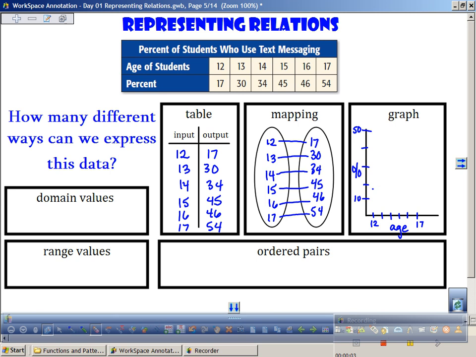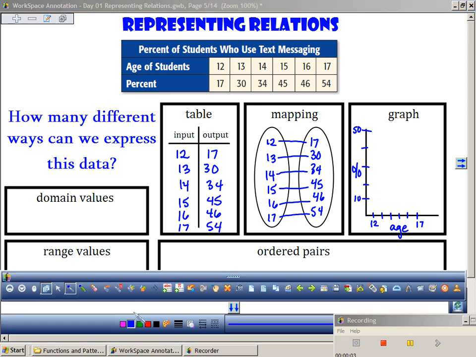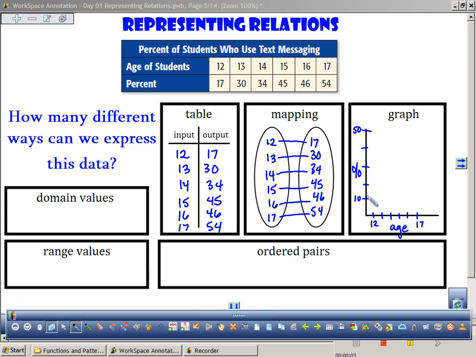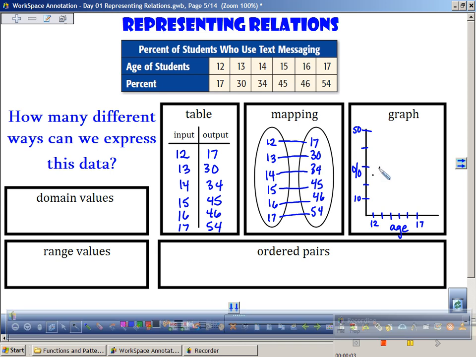I'm going to do a different color. And 13 would be 30, so that'd be 10, 20, 30, about right here. Make these dots a little bit heavier. 14 would be 34, about right here. How many of you are absolutely bored?